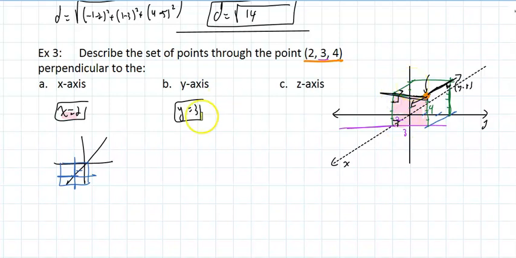When I say y equal 3, do you notice there is no z and there is no x? So if I really looked at the graph of y equal 3, that is go 1, 2, 3, that really looks like this.